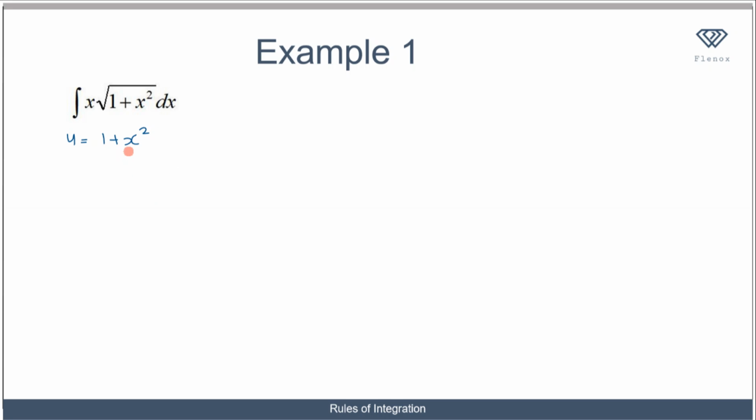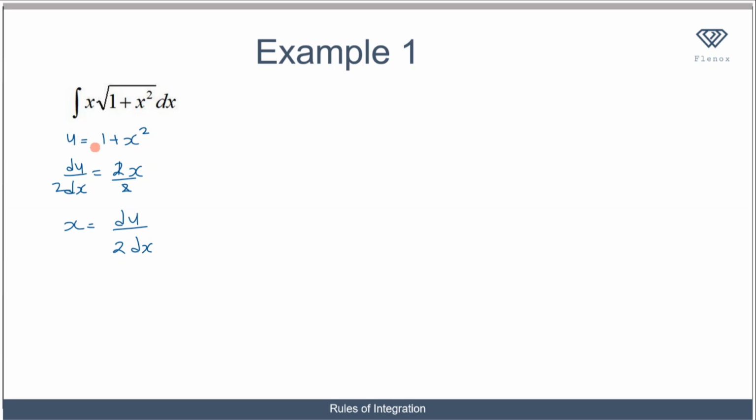So now what I want to do is to try to write x in terms of u. So I differentiate this. I have du over dx equals what? This becomes 0, and this becomes just 2x. So if I make x the subject of the formula, I can divide both sides by 2. So my x is the same as du over 2 dx.